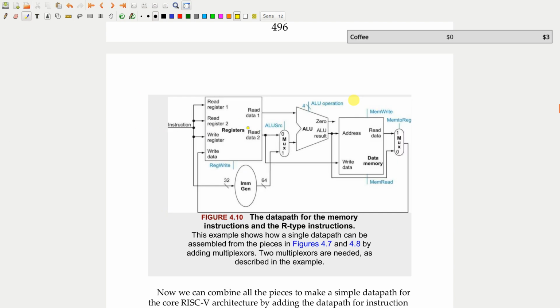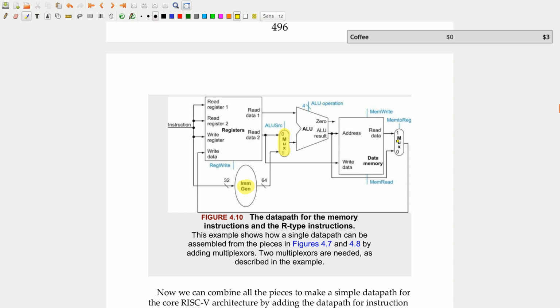So we see that it's pretty much the same as what we've seen before. The only difference is we have a couple more pieces of control logic. So one, we have to use an additional multiplexer to determine if it's a memory instruction. We want to be using this immediate generation, this sign extension. But if it's an R-type instruction, we want to just be reading out a register. What else do we need to add?